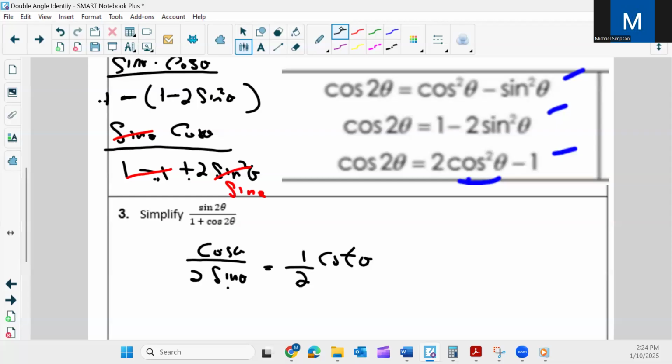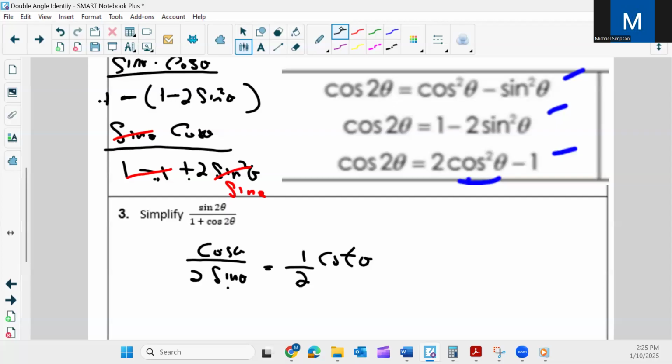And then you're left with that, cosine theta on your side, squared. Cosine squared. Exactly. All right, try number 3, guys.